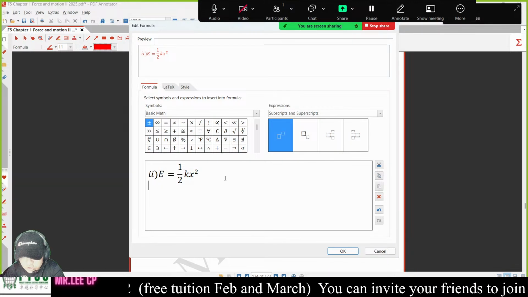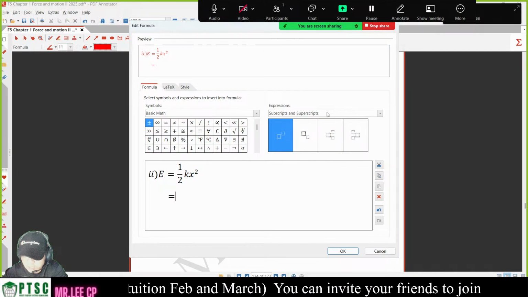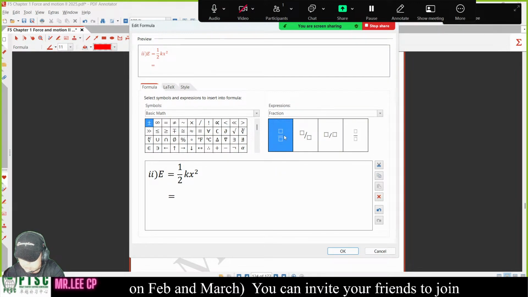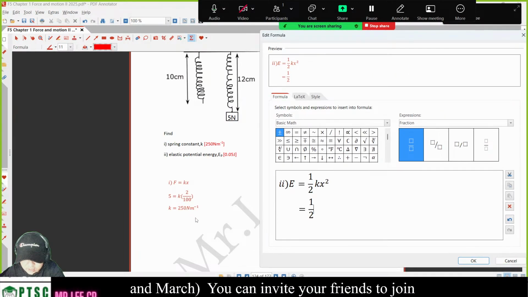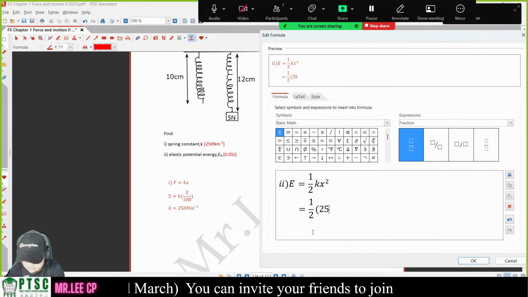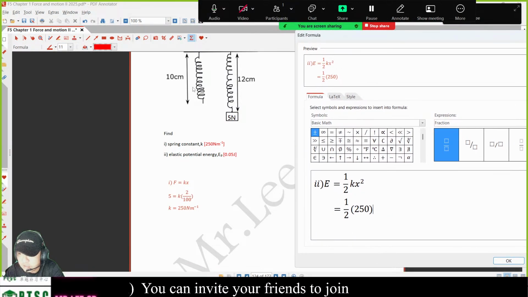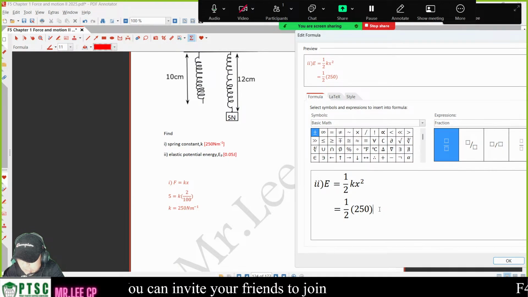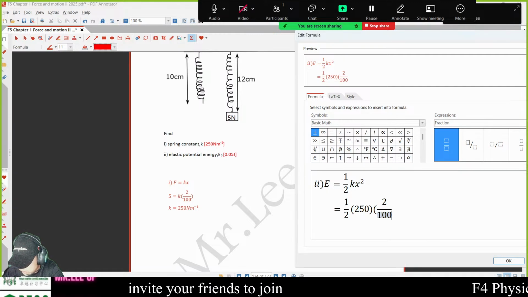Half Kx square. K is 250, right? 250. X, extension of the spring. So this one extends 2 cm, right? 2 cm.